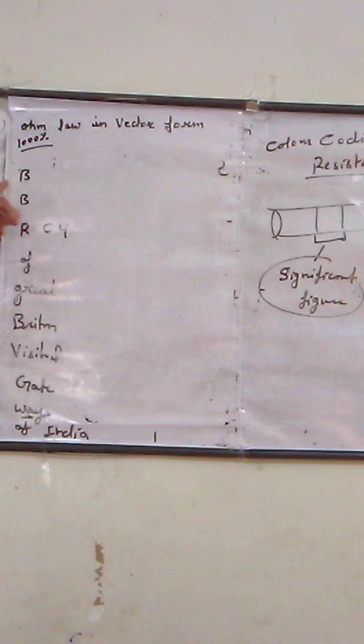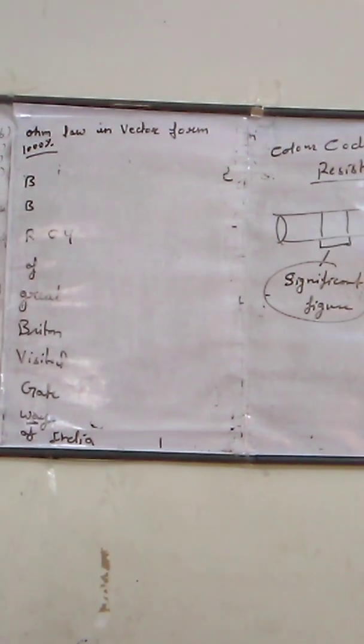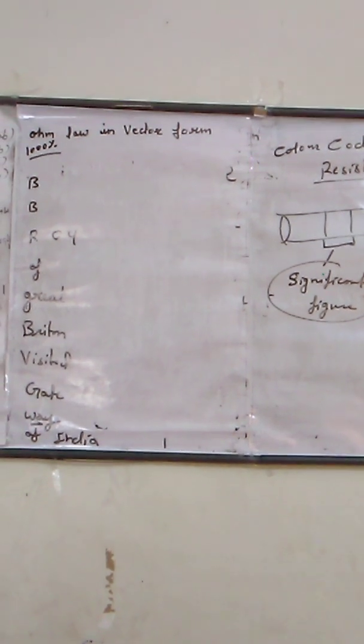Now here, the first alphabets of every word represent a particular value.